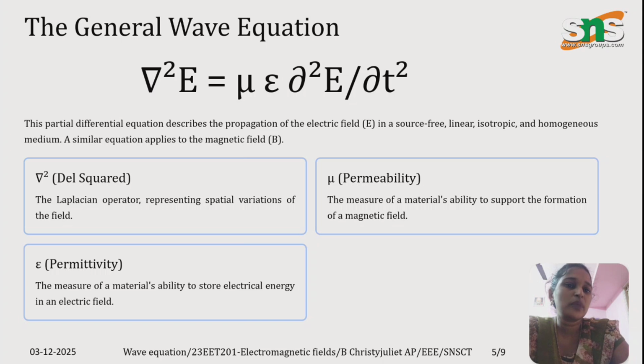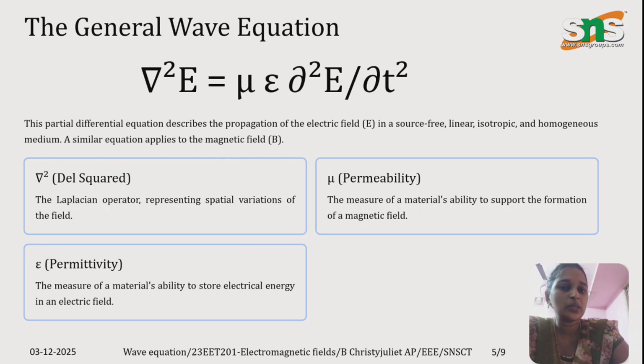So the general wave equation is given by del square E is equal to mu epsilon dou square E by dou t square. This partial differential equation describes how the electric field propagates in a source-free, isotropic and homogeneous medium.